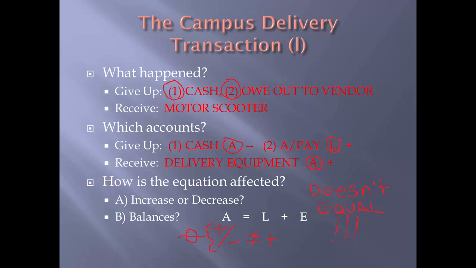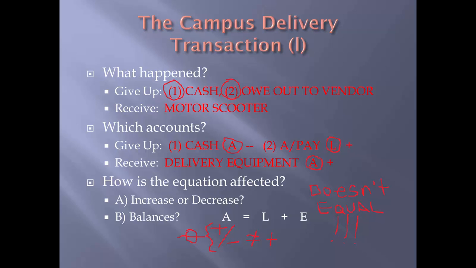Now when I go down to which accounts, I have to have an account for each of those three things. The account that I'm going to use for cash is cash, that's an asset. For owe out to vendor, owe out is a key word for liabilities. I look at my liabilities, there's only one, and that's accounts payable.